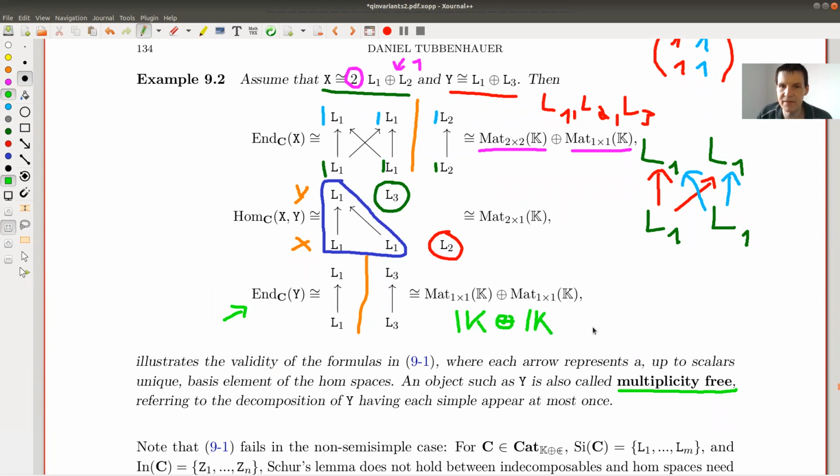So it's just a direct sum of two copies of K, and that's true in the multiplicity-free case in general. Multiplicity-free just means you have ones everywhere, or zeros. Zero is also perfectly fine, but not a two or three. So we get the boring matrix algebras, namely the ones which are one by one matrices, right? And then home spaces are just direct sums of copies of the ground field.